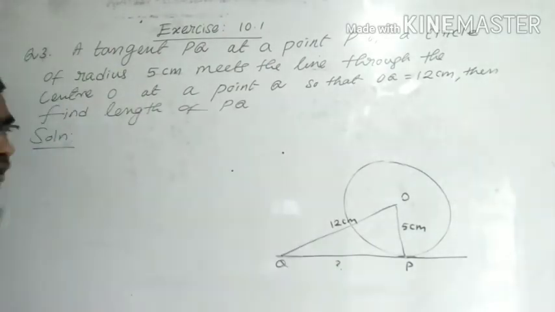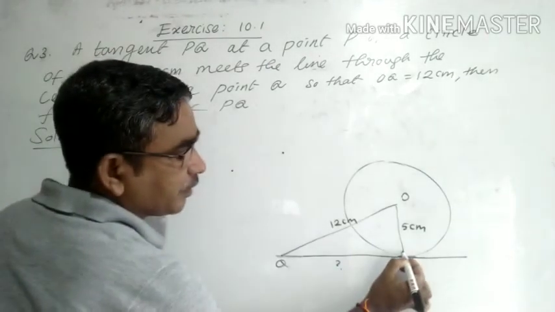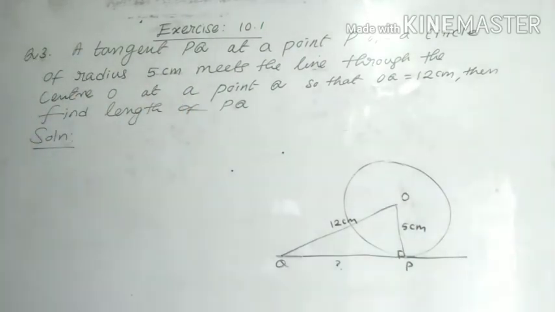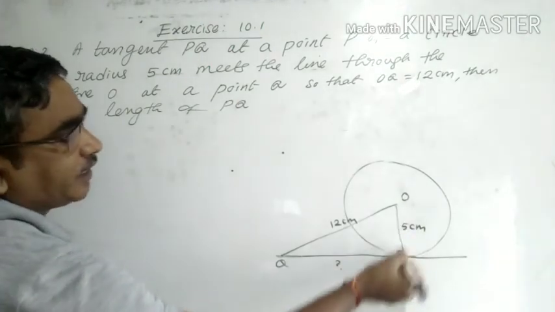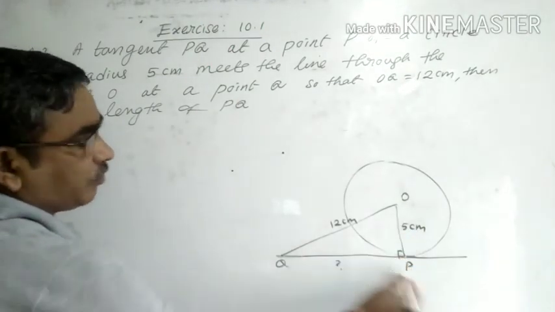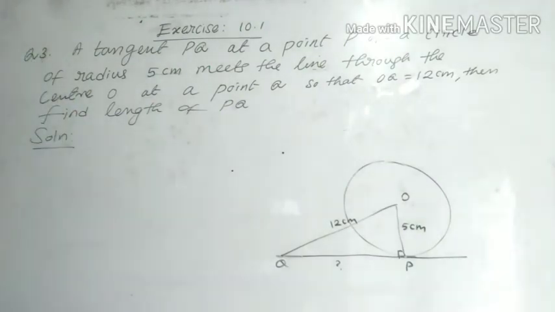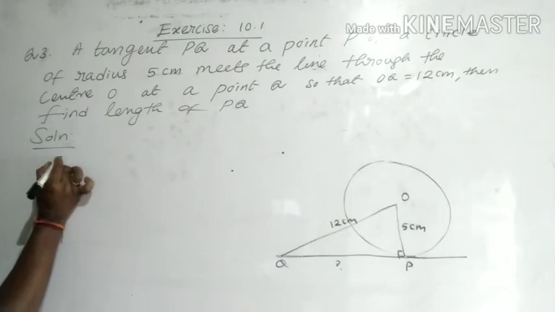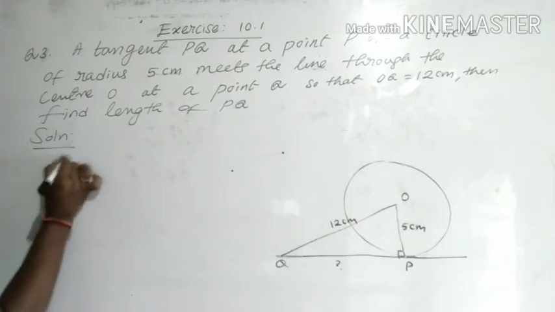What do we know? The radius is perpendicular to the tangent, as per property 1. That means this is a right angle triangle, so we can use the Pythagoras theorem to find the value of PQ.